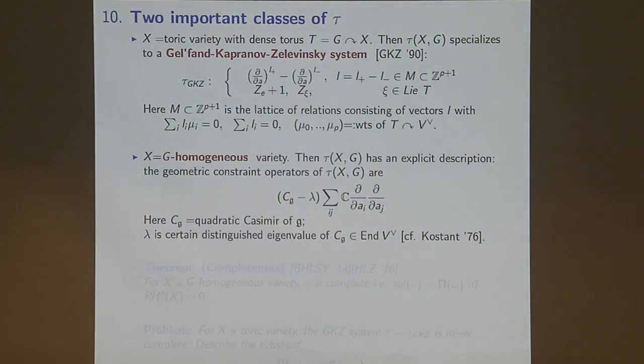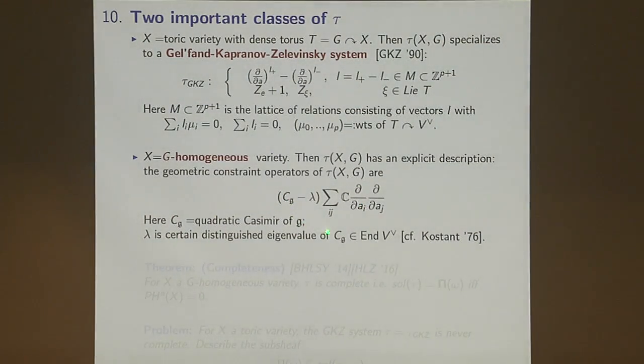So what are they? Well, you take the quadratic Casimir operator of the Lie algebra G. So assume G to be, say, reductive. The quadratic Casimir acts on the second symmetric power of V check. So think of these differential operators as forming a basis of the second symmetric power of V check. So this operator CG acts on this space.